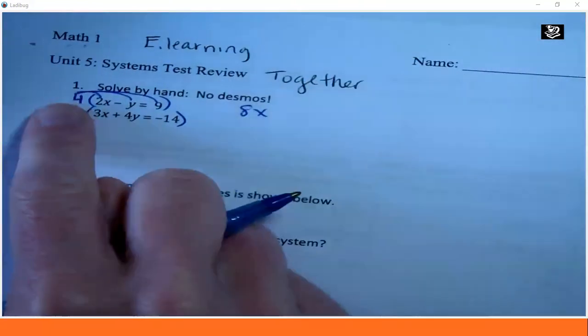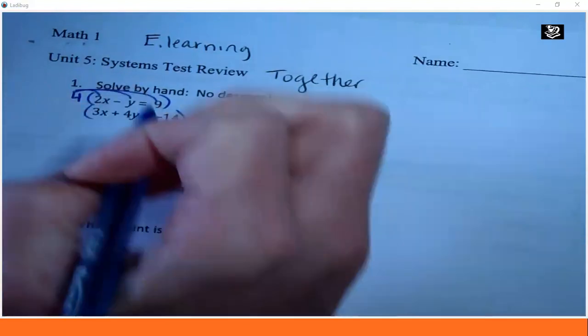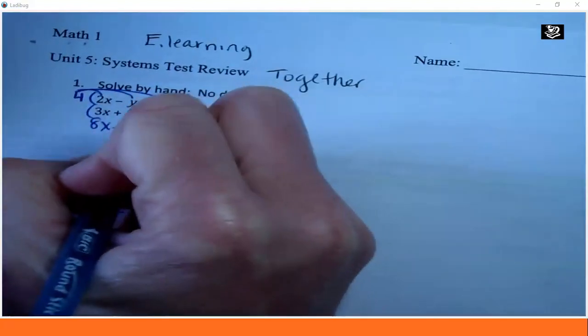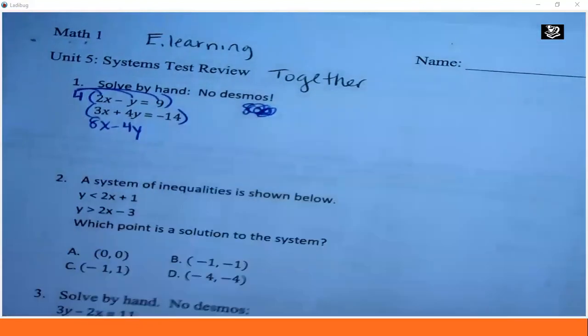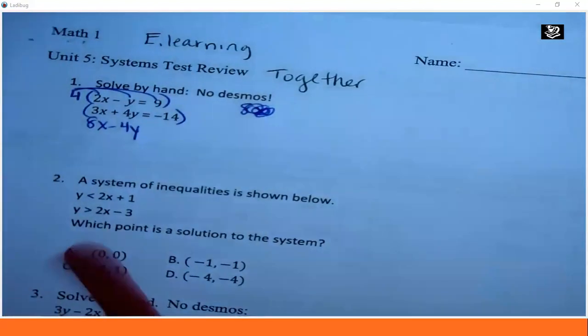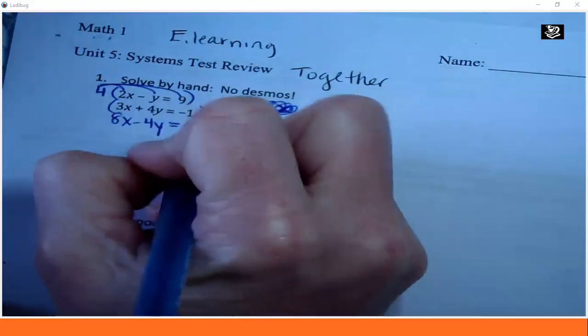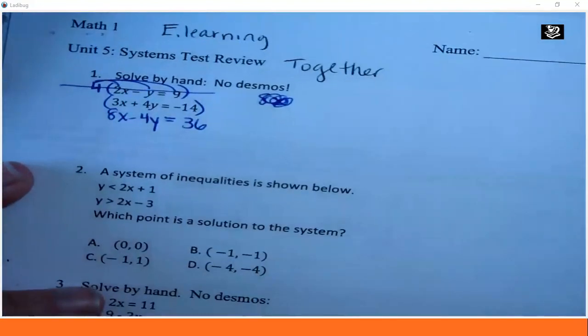Janae, 4 times negative y? Negative 4y. And Janaya, 4 times 9? 36. And then you cross out the top one. We're done with it.